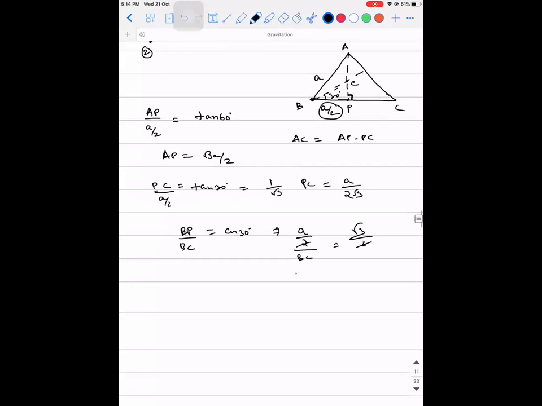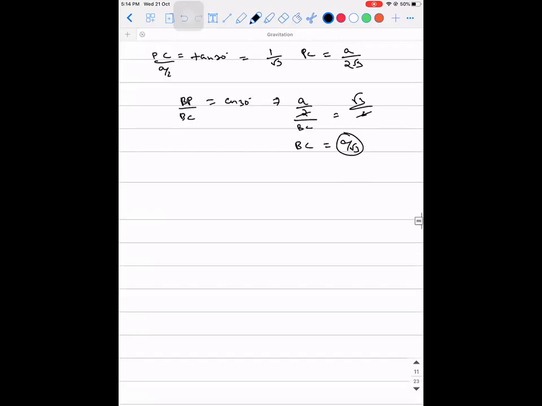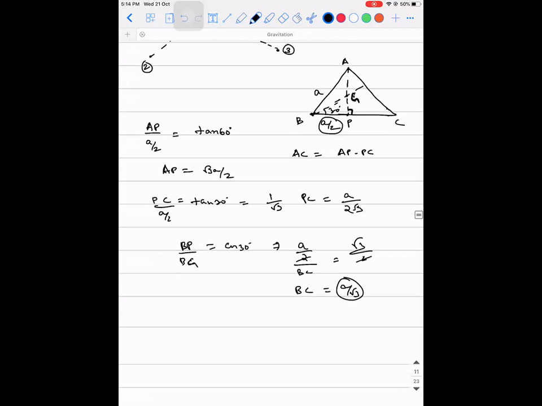This and this will get cancelled. So BC will be equal to A by root 3. So the distance from any vertex to the centroid of the triangle is, oh, this is C, I'm sorry. I'll take it as G. So BG will be equal to A by root 3.